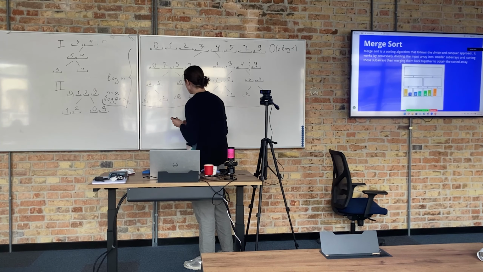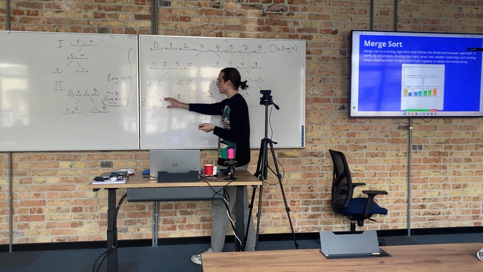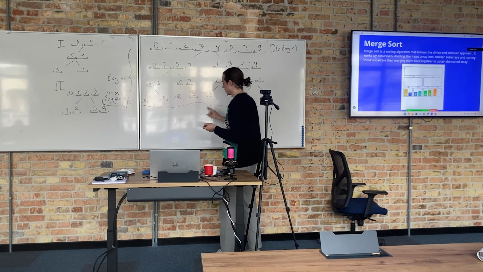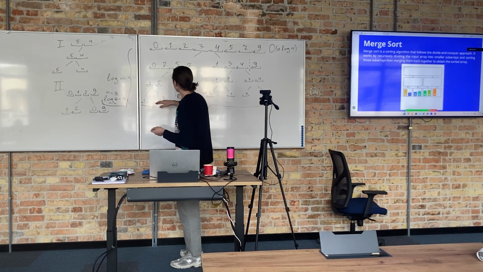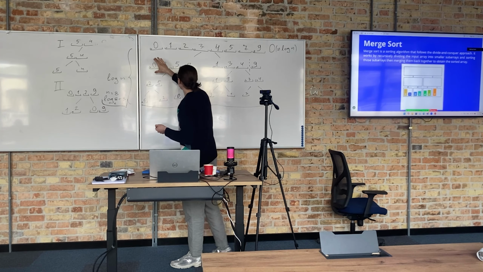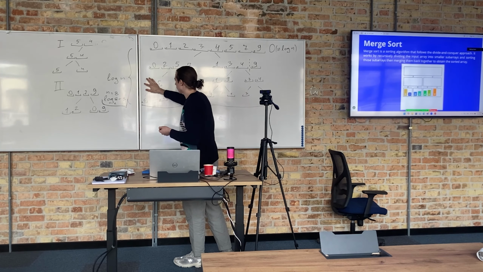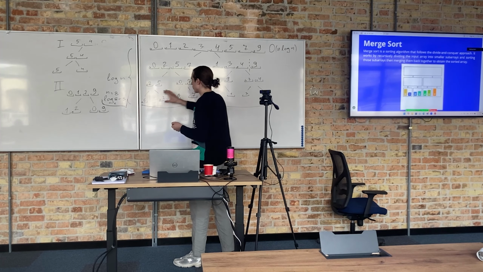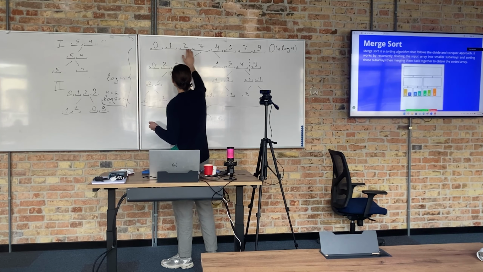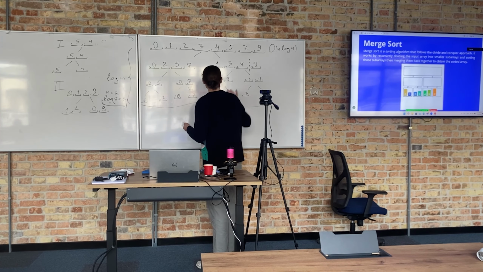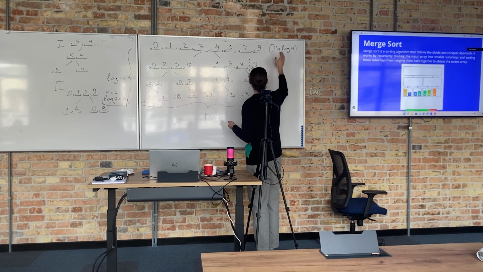And here we have some linear operations of merging elements n times, and we multiply it by the depth of our recursion, the number of this dividing process. We divide our array log n times.